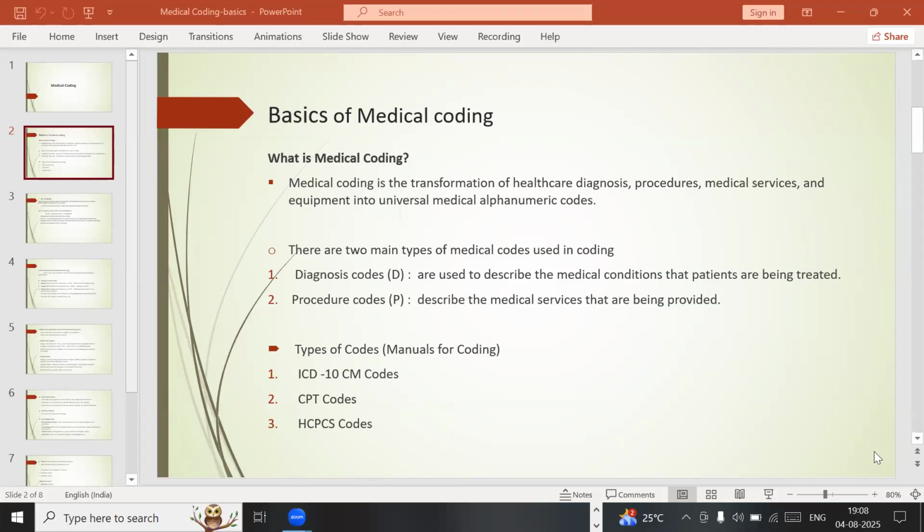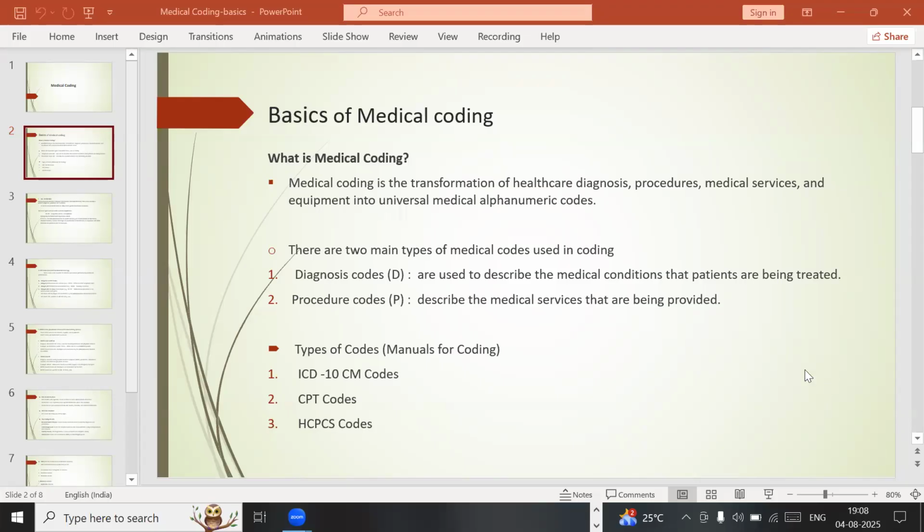That is provider coding. And in facility coding, the bill goes to hospitals. So when you get a job in any medical coding company, they will inform you whether you are working for provider coding or facility coding.